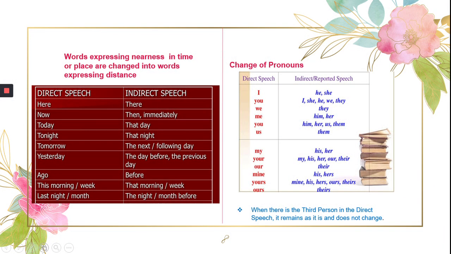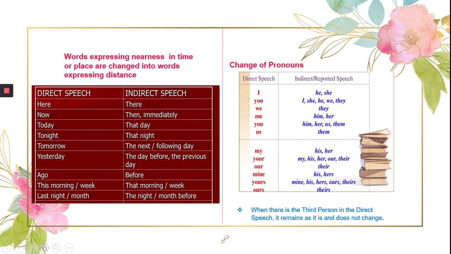Words expressing nearness in time or place are changed into words expressing distance. So, if in the direct speech the word is here, then in indirect it becomes there. Now becomes then. Today becomes that day.